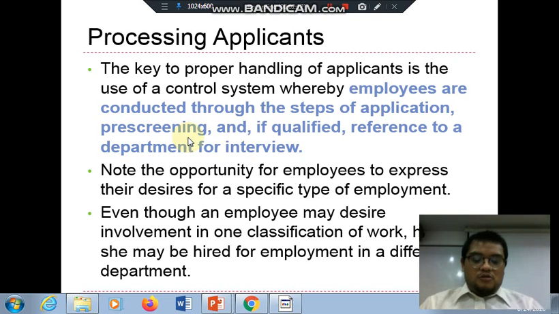How do you do the pre-screening? Definitely you have to refer to the job specification. So job specification that has been developed by the housekeeping will be sent to the human resource department, and for this position, for example, the criteria is applicant must be male, because you are short of male room attendants.